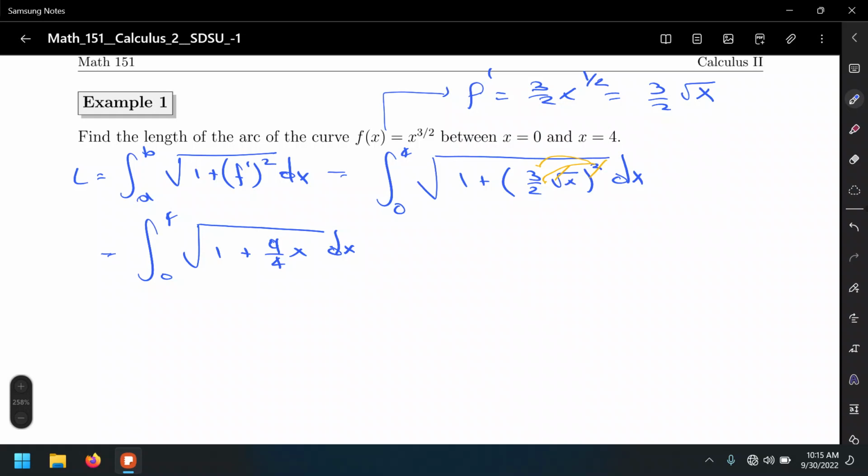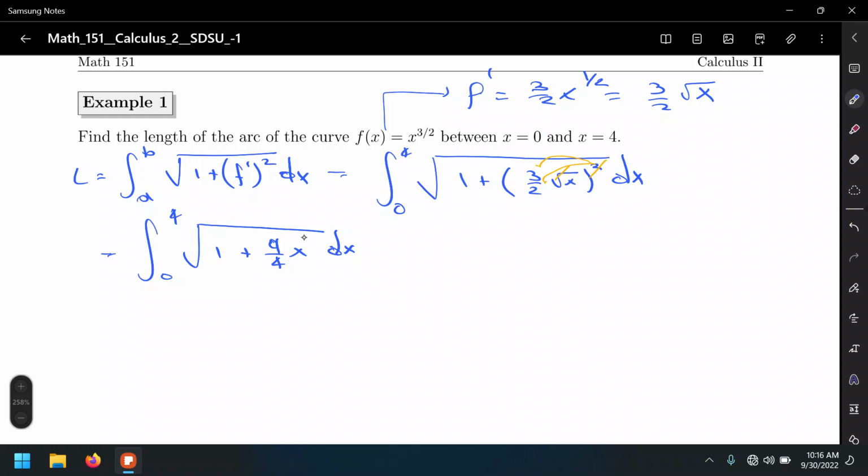Well, we need to decide what method to use for this integral. Any ideas? What method would be good? Anyone? Trig substitution, maybe because of the radical, right?